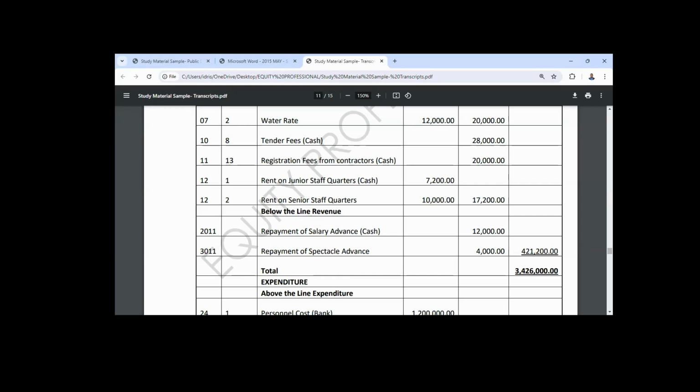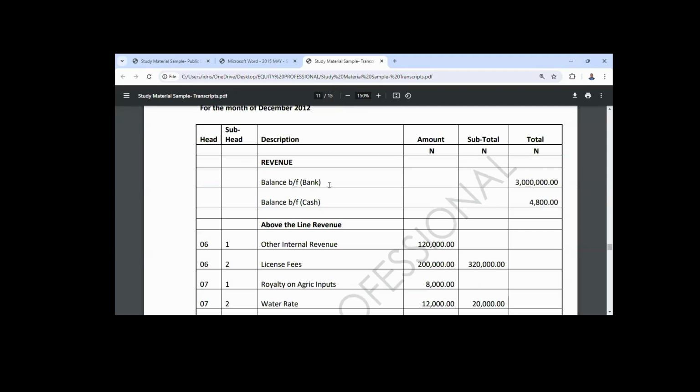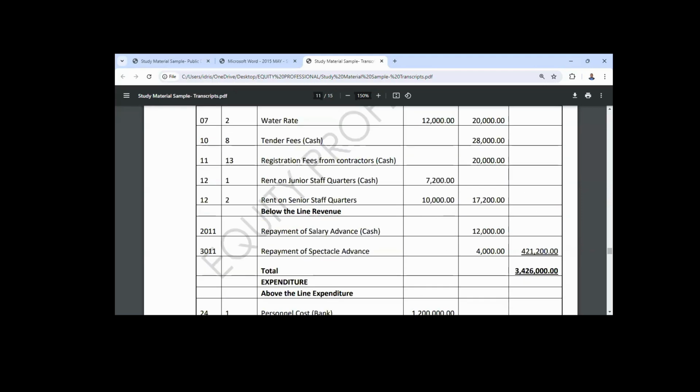Mind you, at the beginning, the balance brought forward is at the total. So the balance brought forward for bank and cash is going to be added to the summation of the subtotal, which is 421,200, under the total.